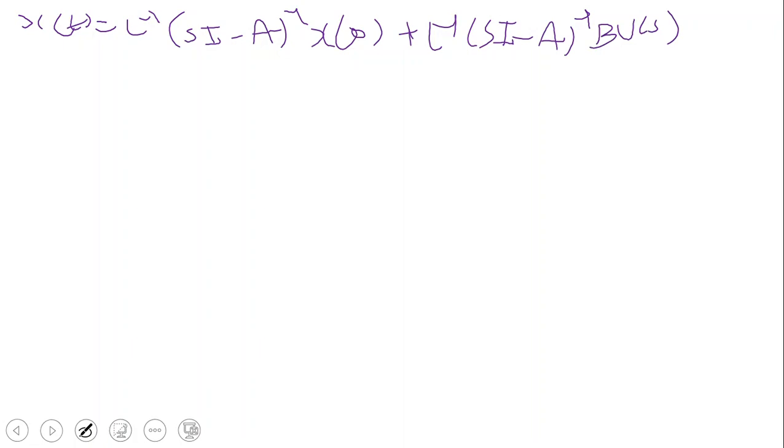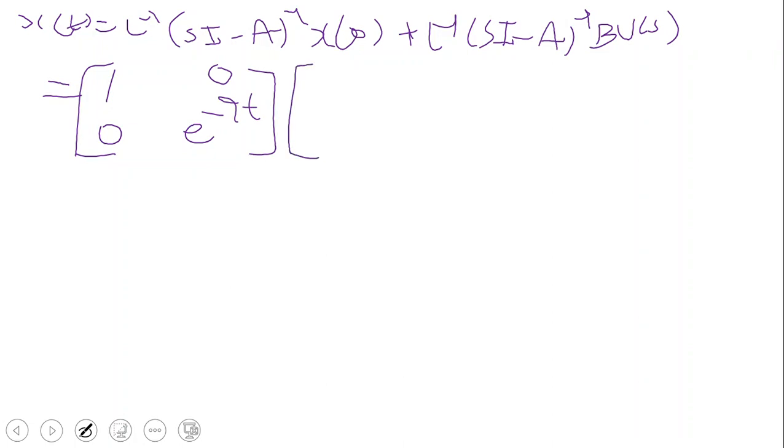So L inverse of (sI minus A) inverse. (sI minus A) inverse we have already written in the last slide. If we take the first element, L inverse of 1 by s is 1; for 0 0, and 0, 1 by s plus 9 it is e power minus 9t, into x of 0. The x of 0 is 0 0 as per the specifications given.